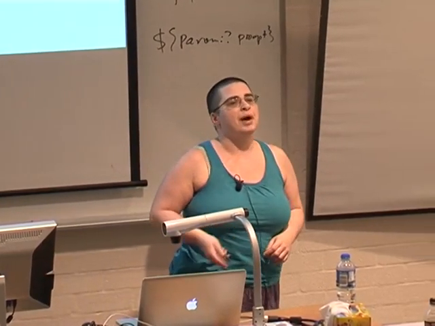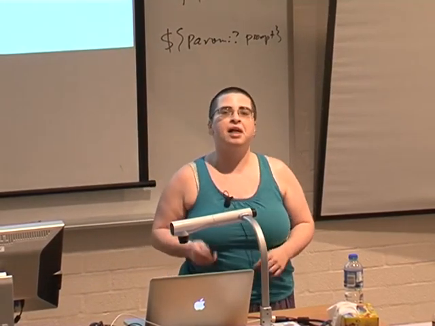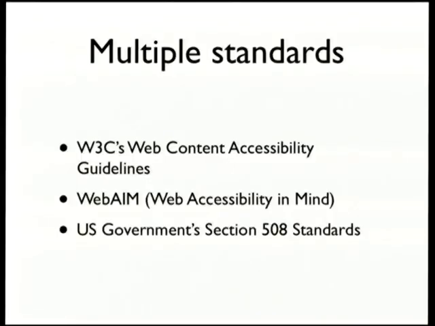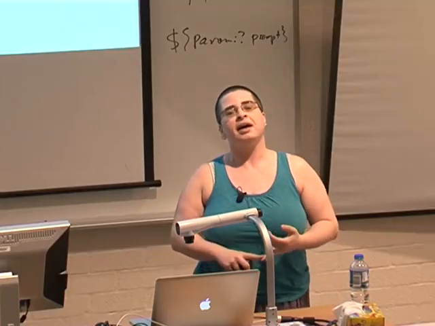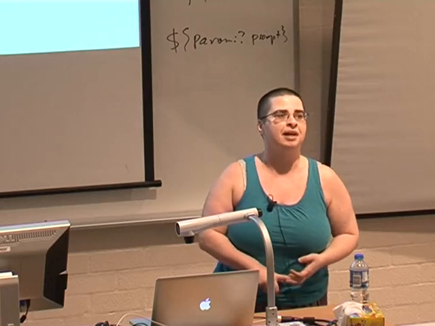So when we talk about web accessibility in particular, you have a lot of different standards. And if you're sitting in this talk, you probably have at least heard of these standards once or twice before. There's the World Wide Web Consortium's Web Content Accessibility Guidelines. There's WebAIM, which is an independent project that comes up with essentially a bunch of ways to implement the Web Content Accessibility Guidelines.